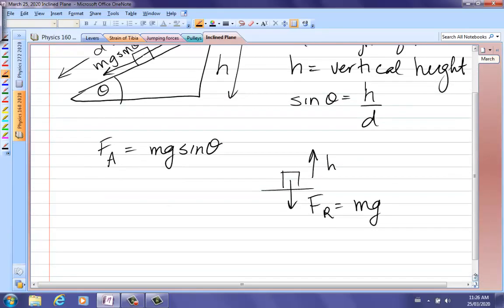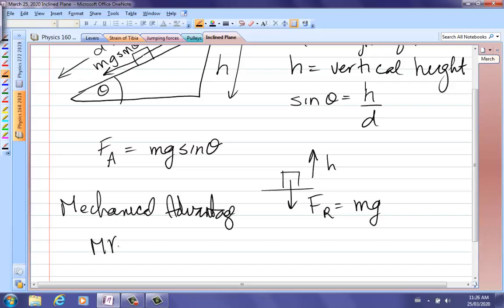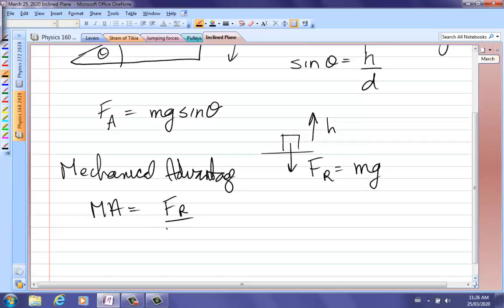Okay. And by definition, mechanical advantage is the resistance force divided by the action force. So you want to be able to lift a large load with a small force. And so mg divided by mg sine theta is 1 over sine theta.